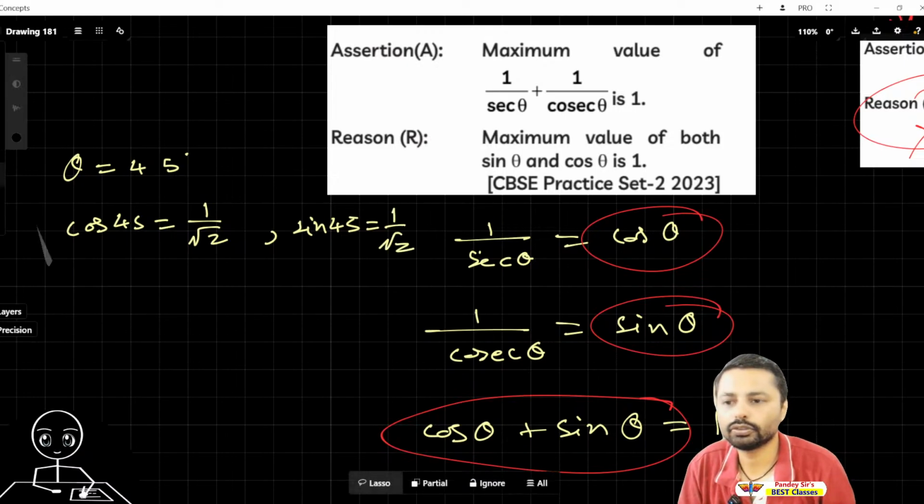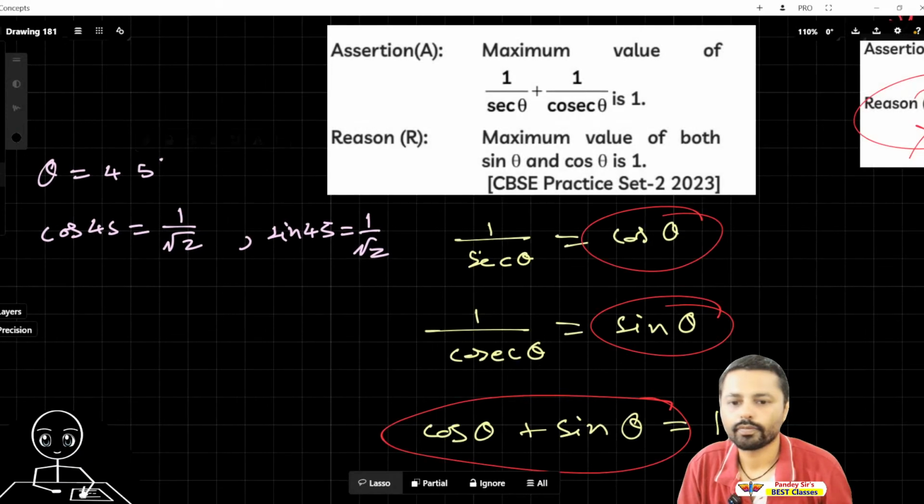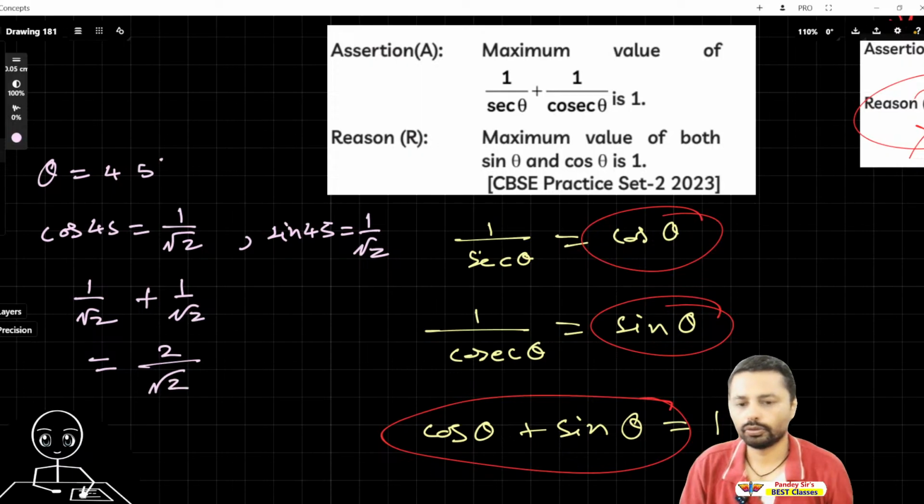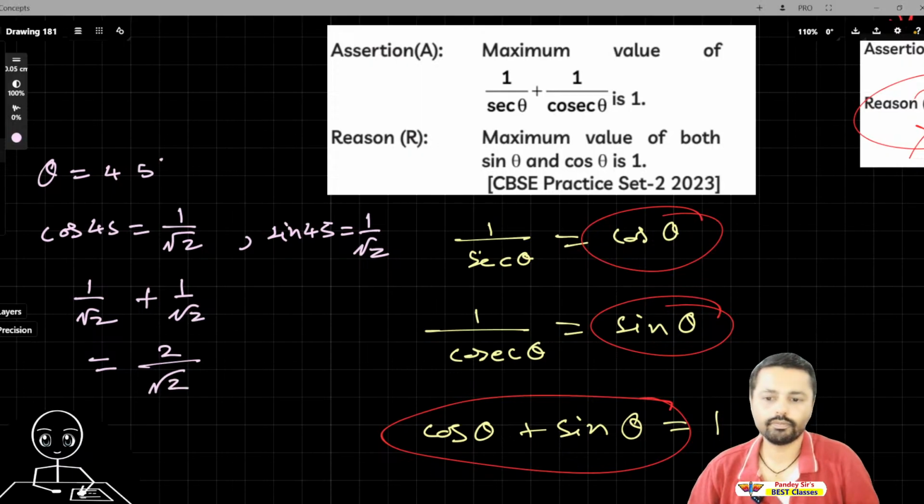I'll change the color so that you won't get confused. Now, cos plus sin: 1 by root 2 plus 1 by root 2, that's 2 by root 2.